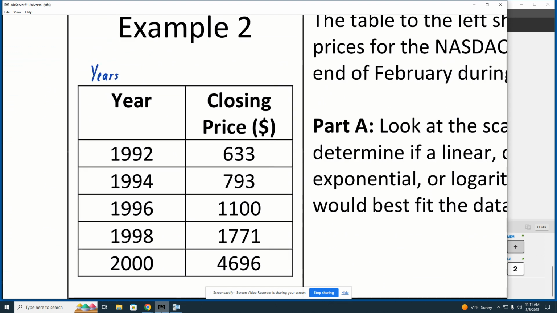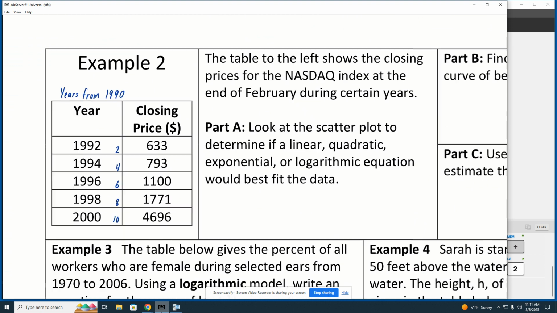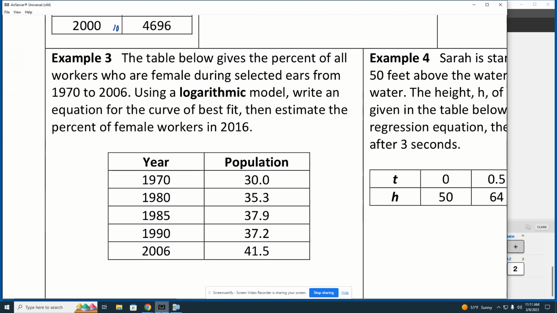Years from, and then you find a nice spot. So look at all the data. Years from 1990 is a good spot. So when I go enter this data, what will I actually enter for 1992? I'll put a 2. For 1994, 6, 8, and 10.